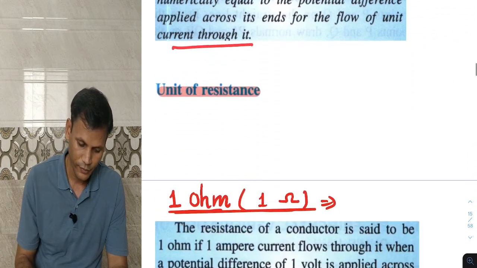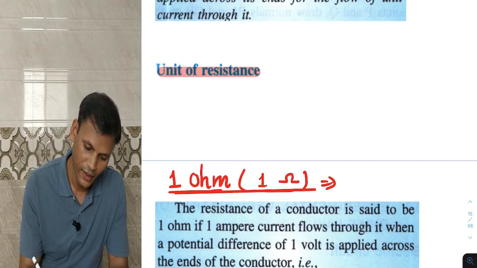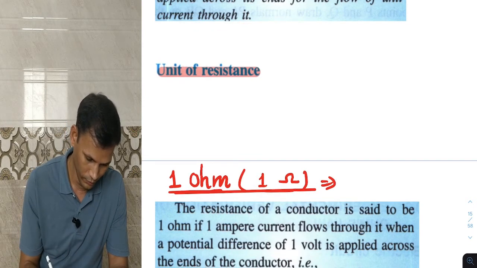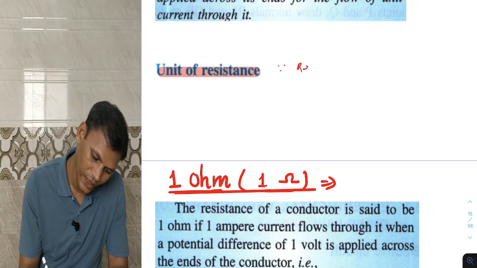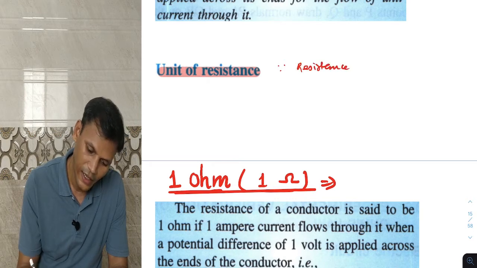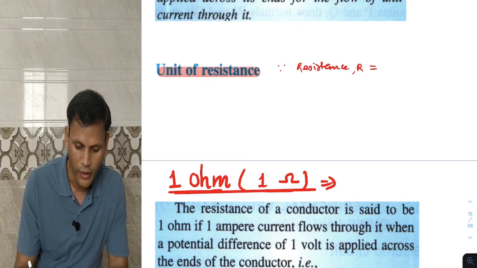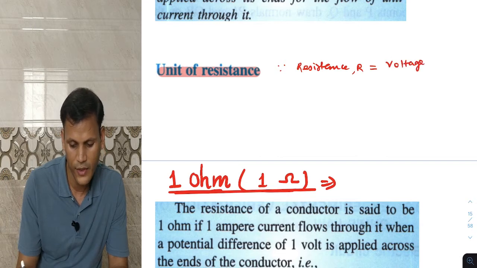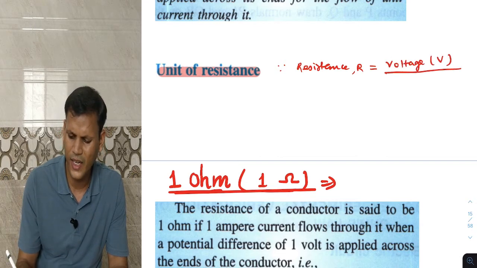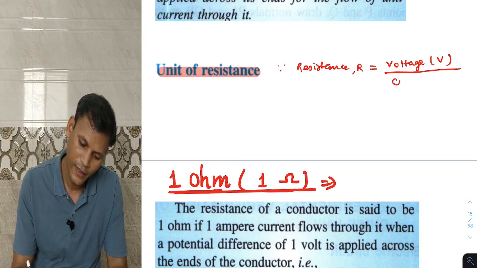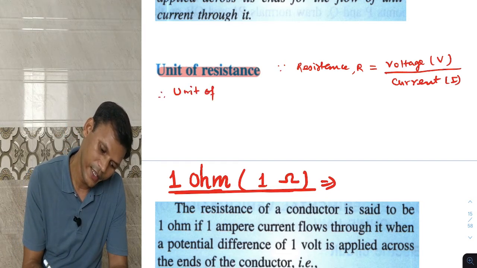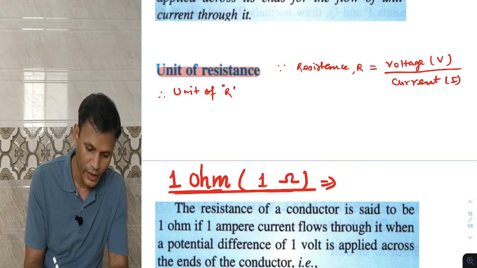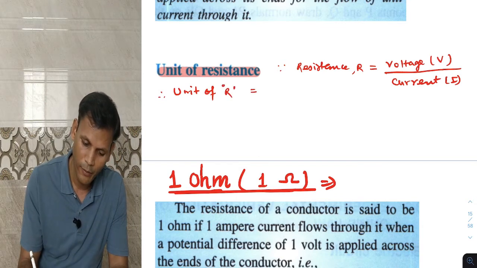Now, the unit of resistance. Since resistance R is equal to V, that is potential, upon current I, we know the units, so the unit of resistance capital R will be the unit of potential difference upon the unit of current.